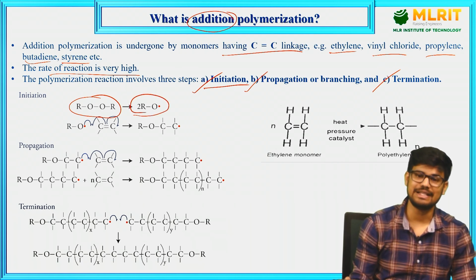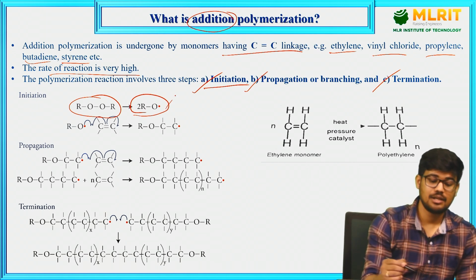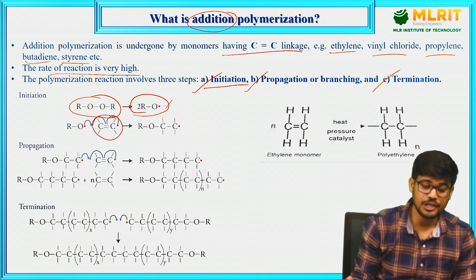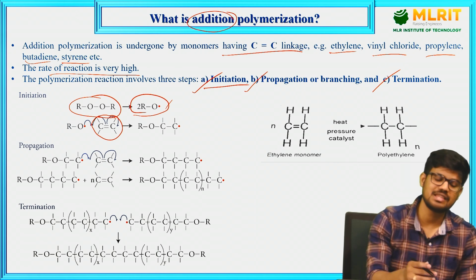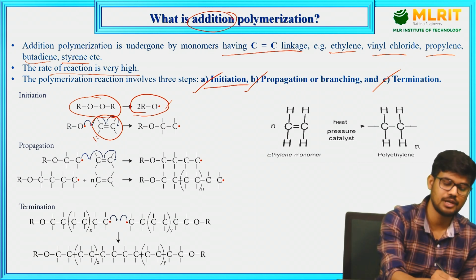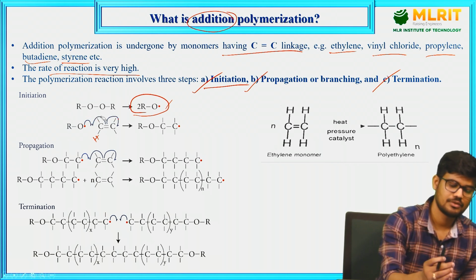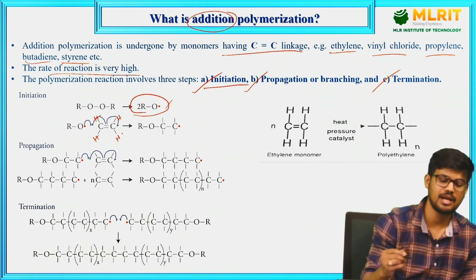This is a radical. Now this radical will react with the first monomer molecule. For example, if you consider ethylene, this is the ethylene molecule, and here you can put H and H. So this will become ethylene.